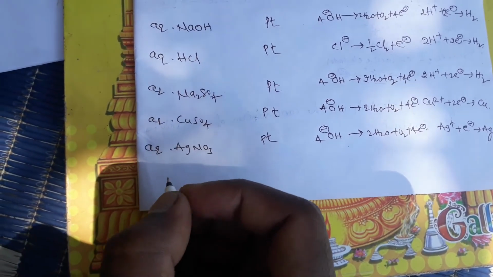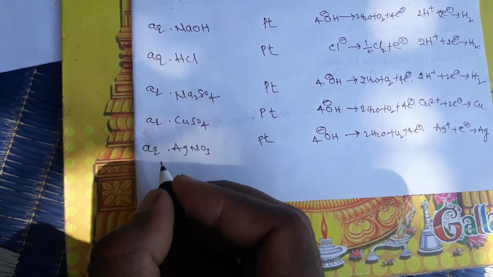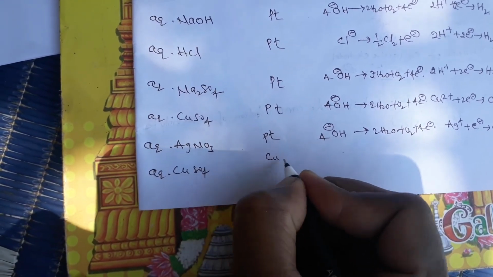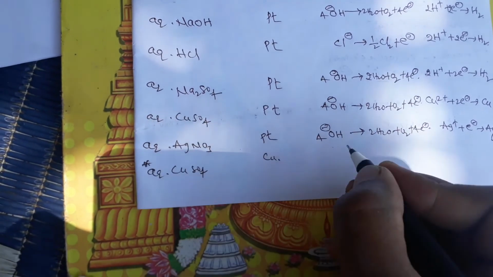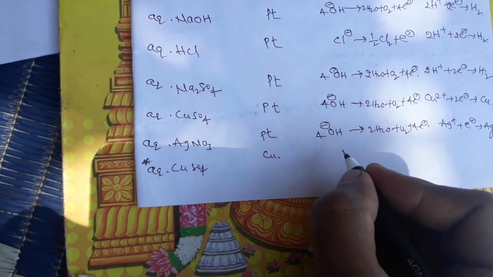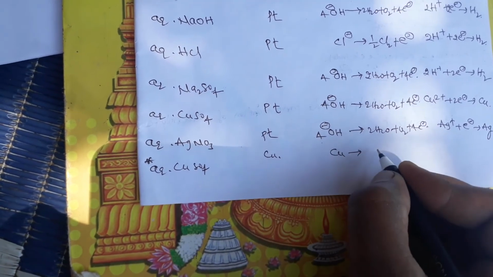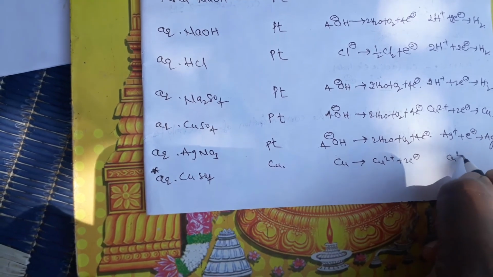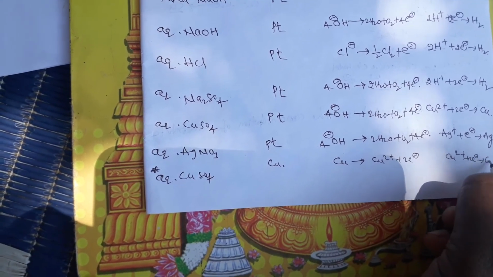Next thing is, if you take aqueous copper sulfate with a copper electrode, copper at the anode is going to be oxidized, that means copper gives Cu2+ + 2 electrons, and at the cathode Cu2+ + 2 electrons gives rise to copper.